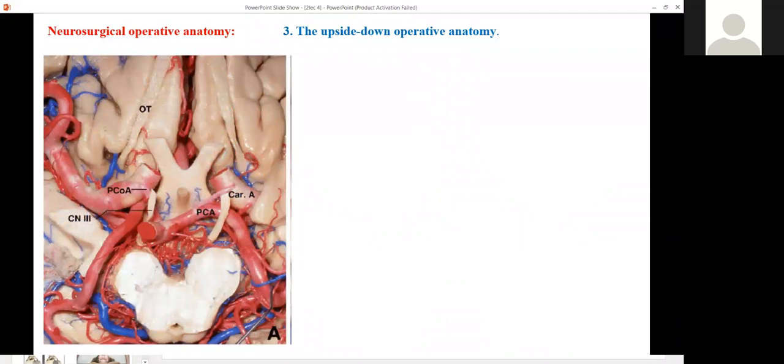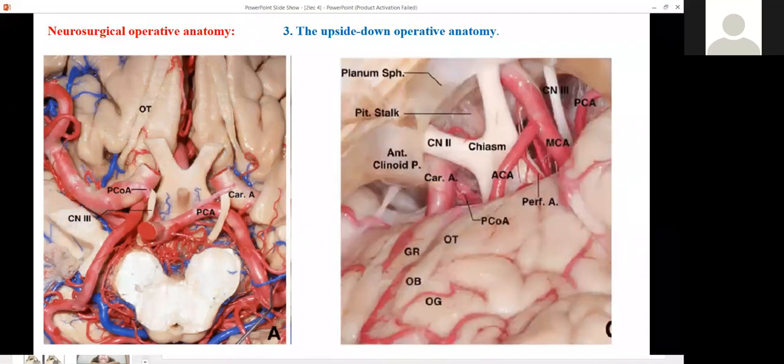This is an example of how a valuable neuroanatomy book shows the anatomy of the area around the chiasm with the blood supply, and this is the real intraoperative view. In the intraoperative view on the right side we will see the chiasm, the skull is at the top of the view and the brain is the lower part, while it's the opposite in the usual neuroanatomy book.